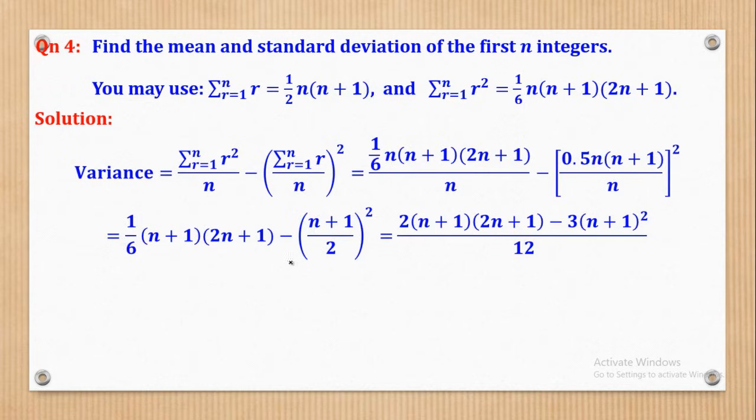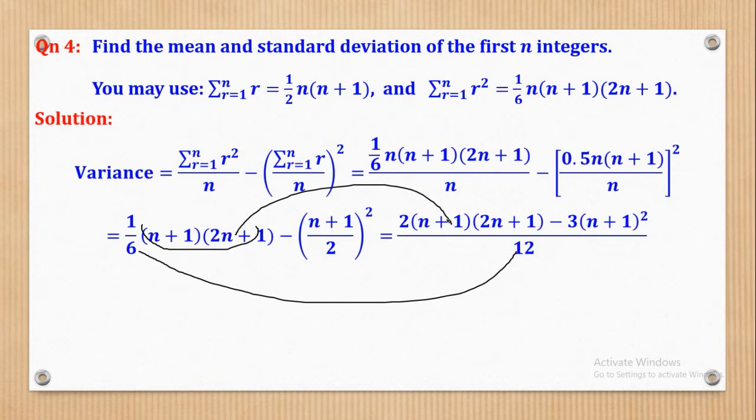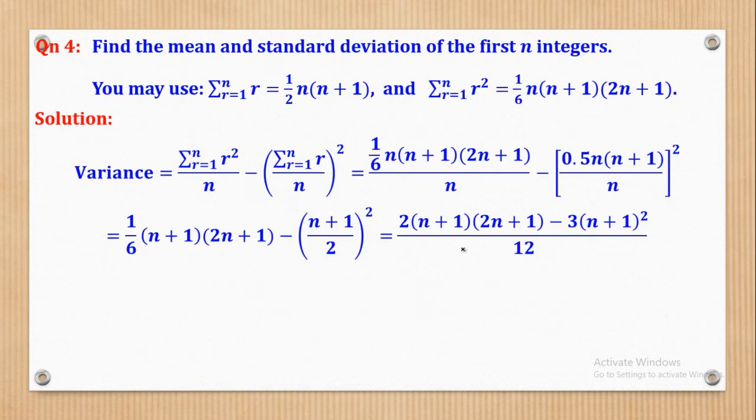Now from here, the LCM will be 12, because here the denominator is 4, here the denominator is 6, therefore LCM will be 12. Now 12 divided by 6 is 2, and 2 times this one gives you this part. Then 12 divided by 4 is 3, and 3 times the whole of this gives you this part.